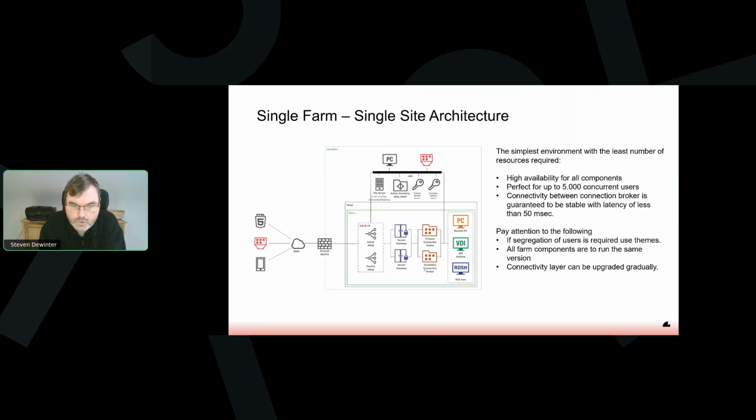This scenario scales pretty well. We can easily go up to 5,000 concurrent users. That's not an issue. Of course, at 5,000 concurrent users, you might need maybe 4, 5 or 6 secure gateways, and not 2 but 3 connection brokers.